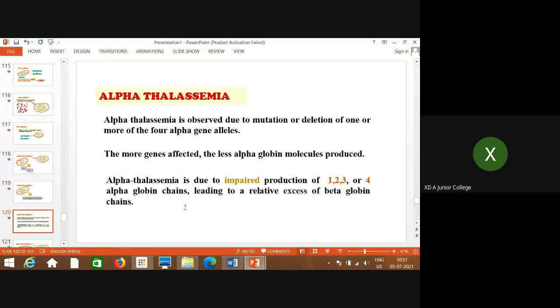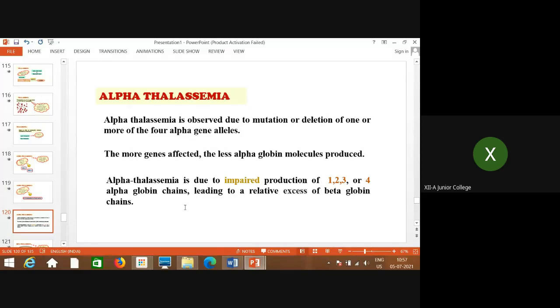The more genes affected, the fewer alpha globin molecules are produced. The gene responsible for the production of alpha globin molecules, if more genes are affected, then the effect is greater, and alpha globin molecules produced are very few.